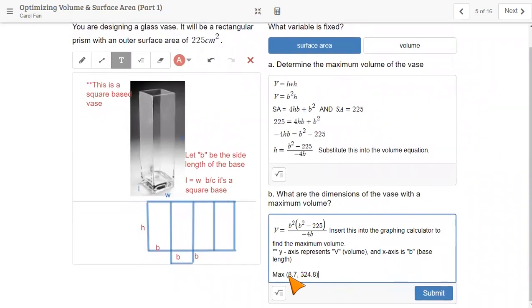So because our base length is 8.7, I can substitute this back into this equation to find my height.